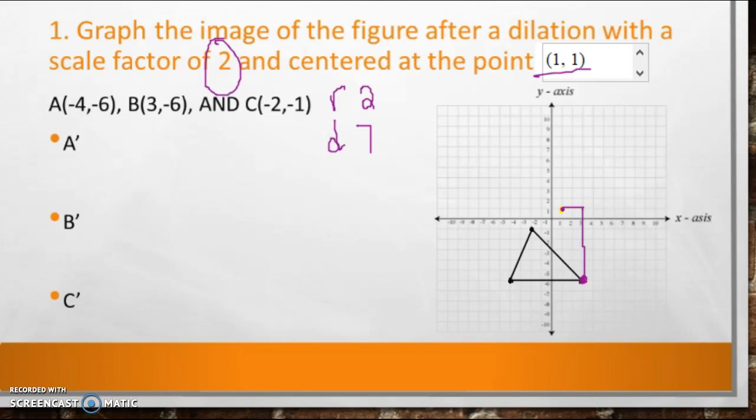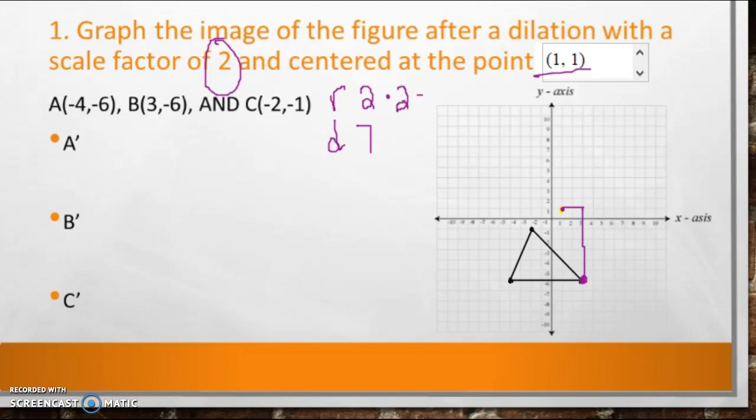And I apply a scale factor of 2 to that. If I make that distance 2 times bigger, how far am I going to be going over? Yeah, you're going to be going over 4.